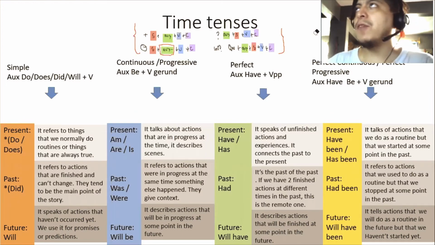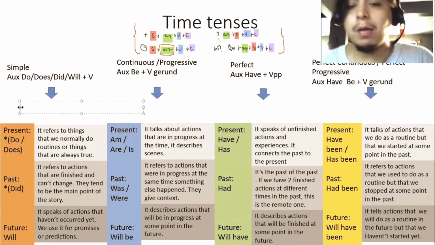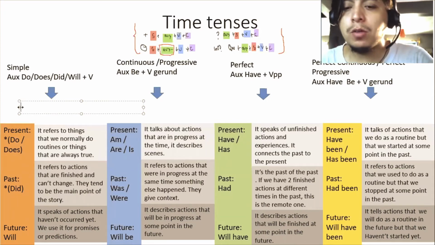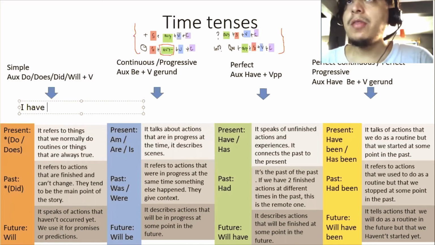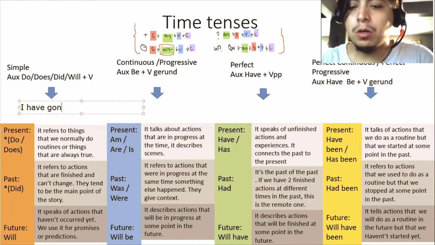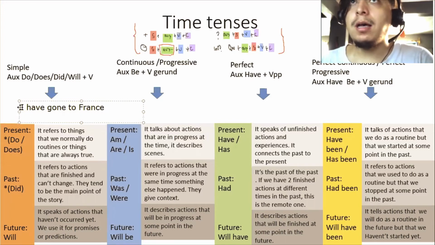Because we're gonna move now to the perfect forms. In the perfect forms, we have the present perfect. In the present perfect, you can say, I have gone to France. The auxiliary is always have, and the verb is always in the past participle. I have gone to France means in the past, at some point, I went to France.